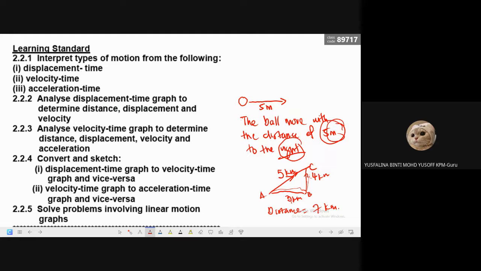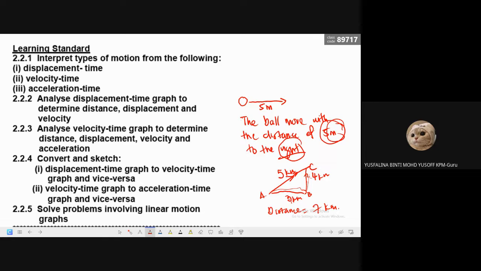So that is the difference between distance and displacement. Distance is a scalar without direction, while displacement is the magnitude with direction.